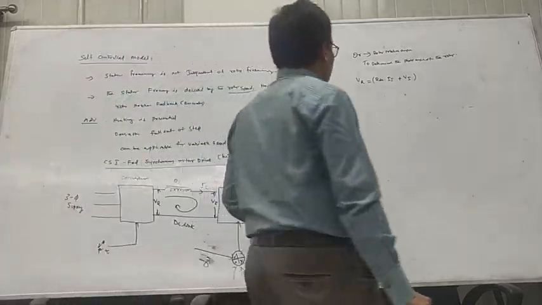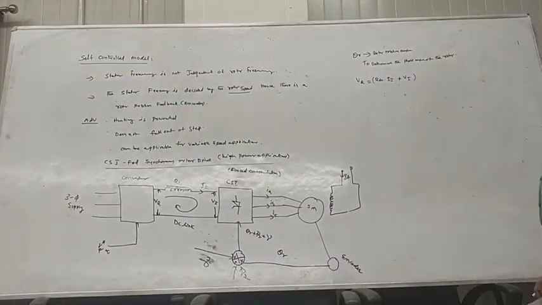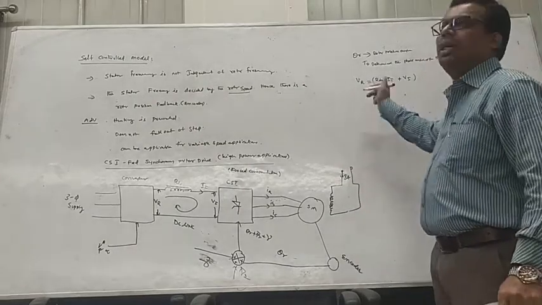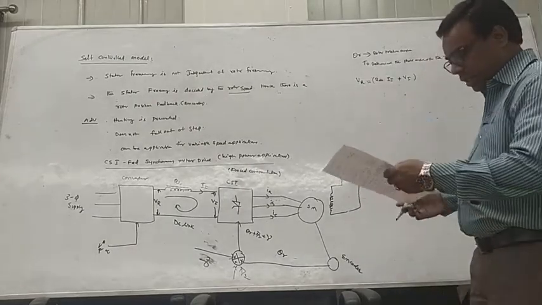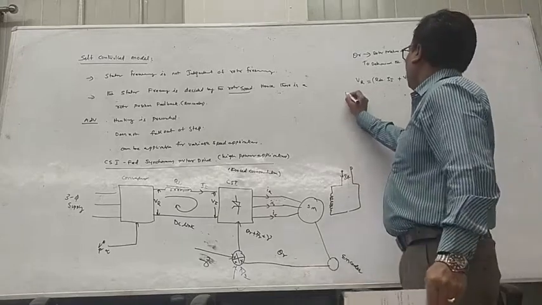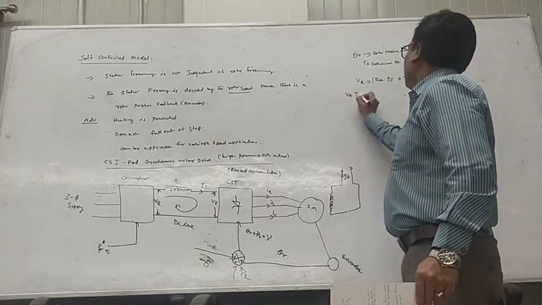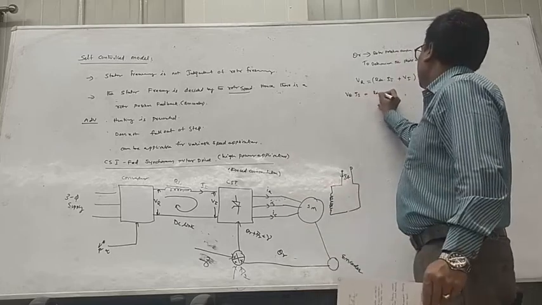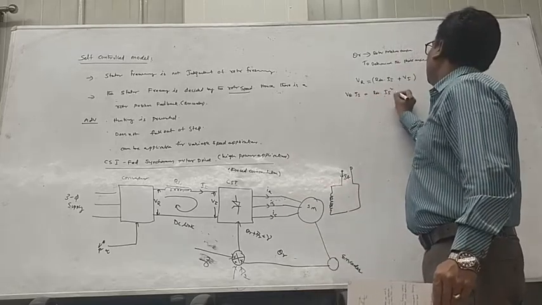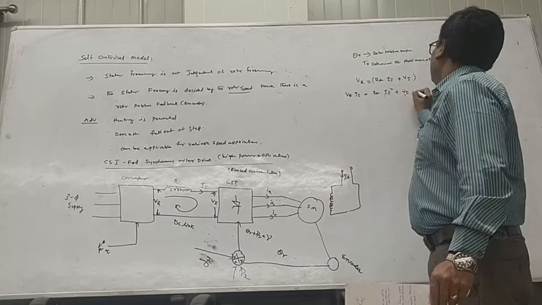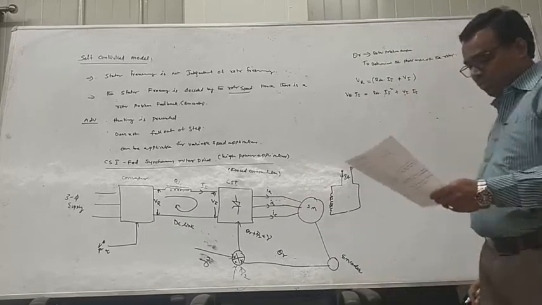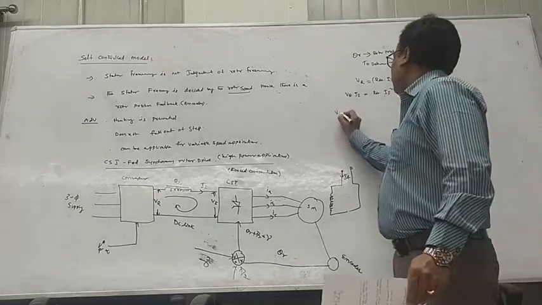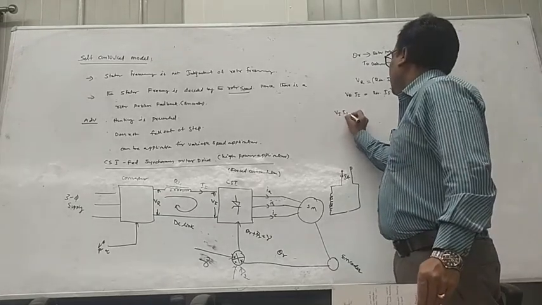So VR is equal to RDC into II plus VI. If you multiply this equation on both sides by the current II, then you will get VR into II is equal to RDC into II square plus VI into II. So from this equation, I would like to write down the expression for VI into IA.